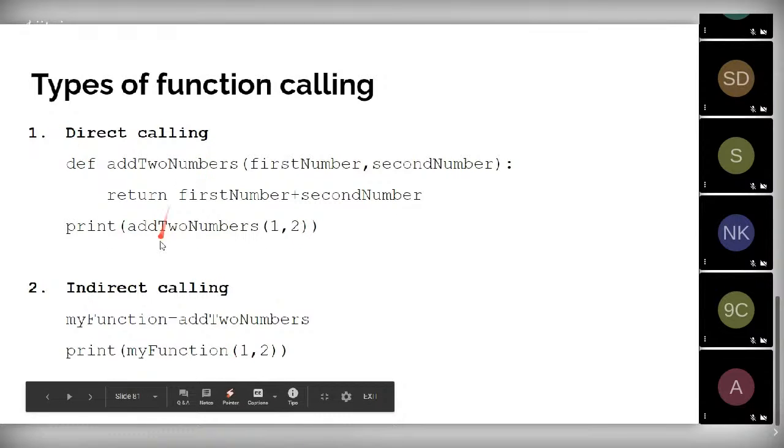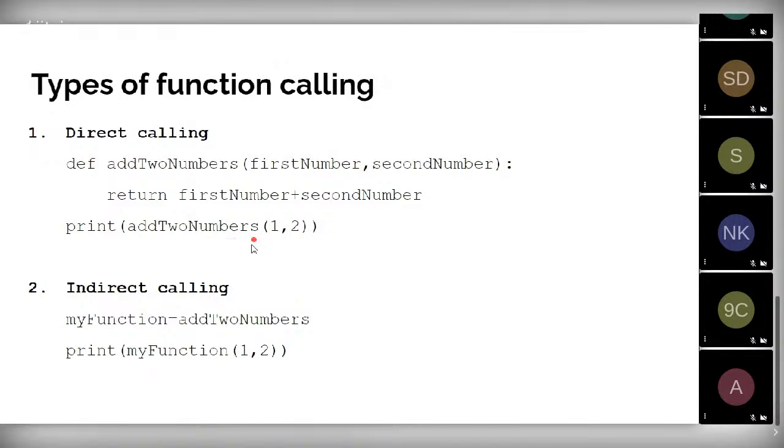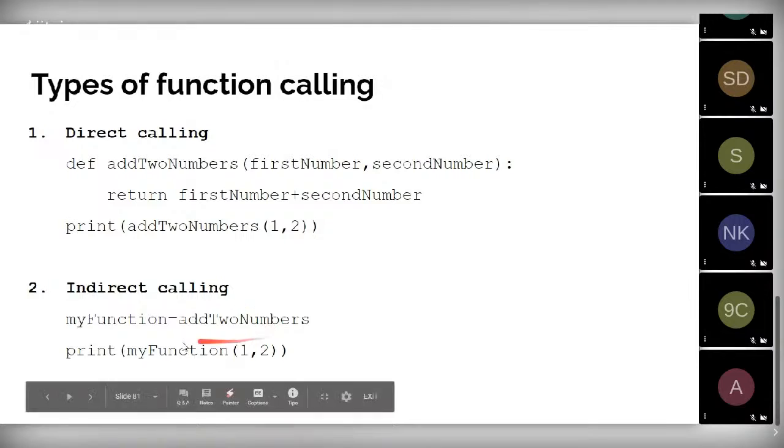In direct calling, we directly call the function by using our function name, but in indirect calling, we use a second variable, and we define that variable as our function name, and we call our function by using this variable name. So this type of calling is called indirect calling.